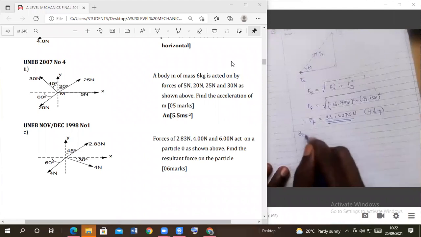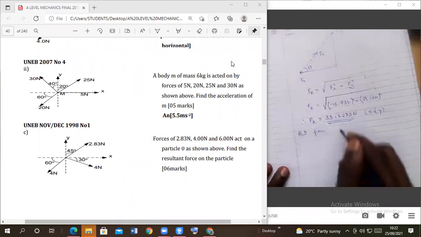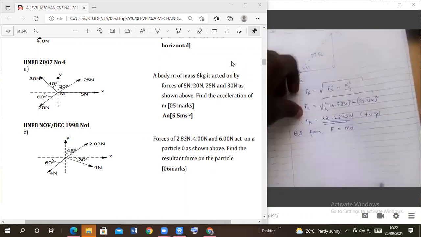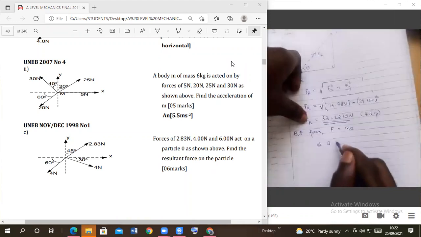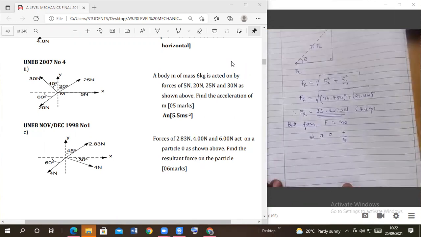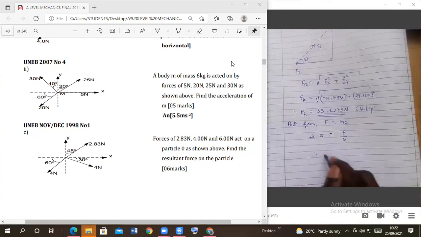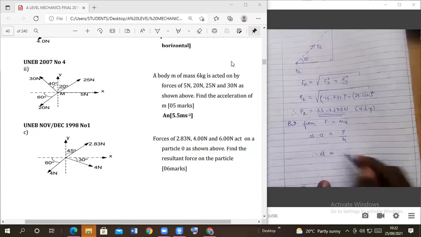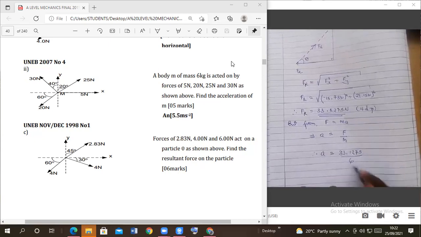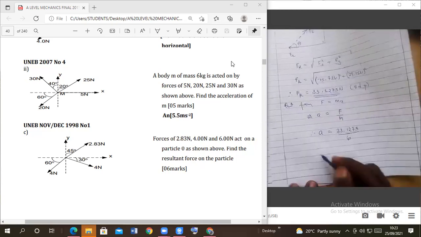But force is equal to what? M a, which implies that our acceleration is going to be F over M. So our acceleration will be the force, which we have got, 33.1275 divided by the mass. What was the mass? 6 kilograms.